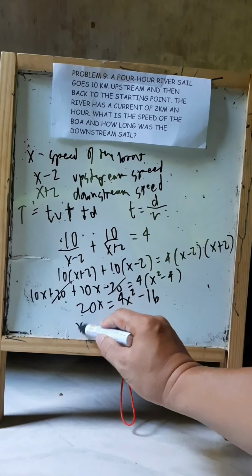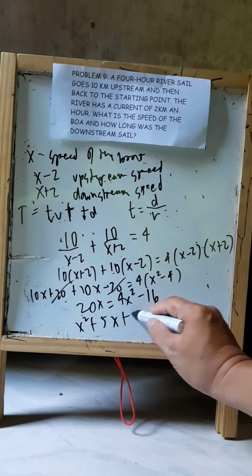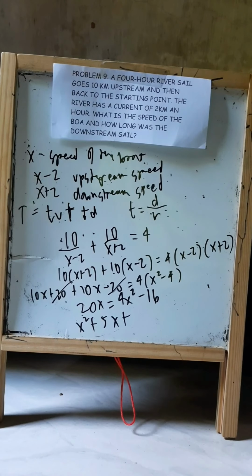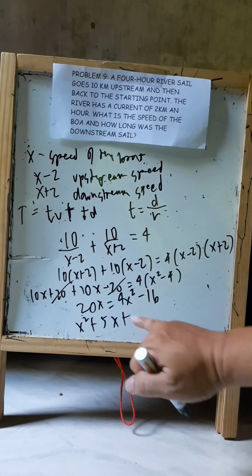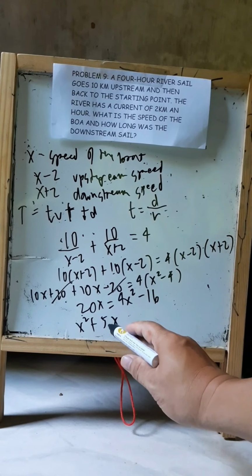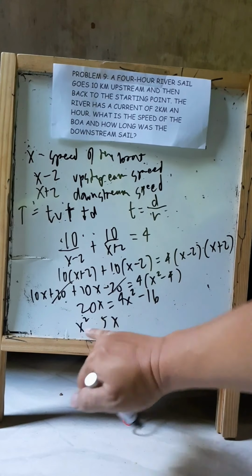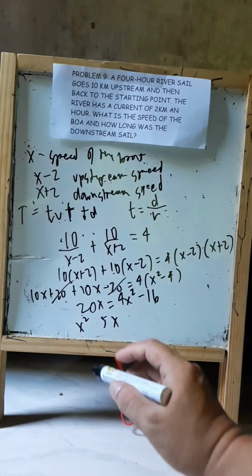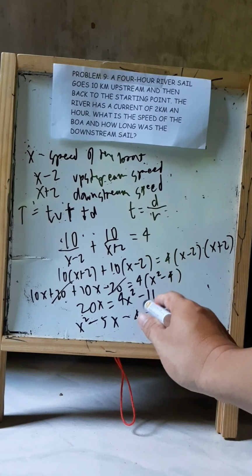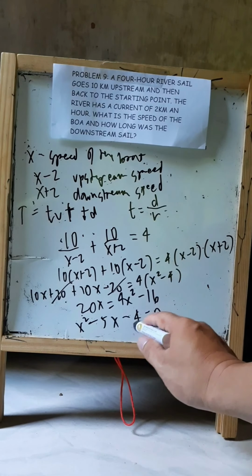X squared minus 5x minus 4 equals 0. Kasi ita-transpose natin yun dito, so maging minus 5x. 16 divided by 4 is 4.